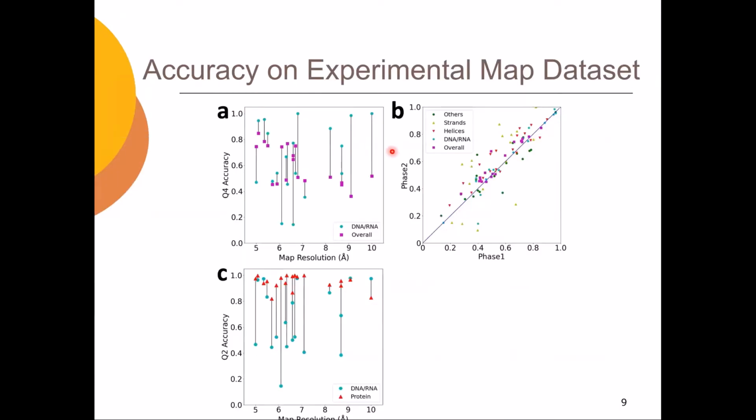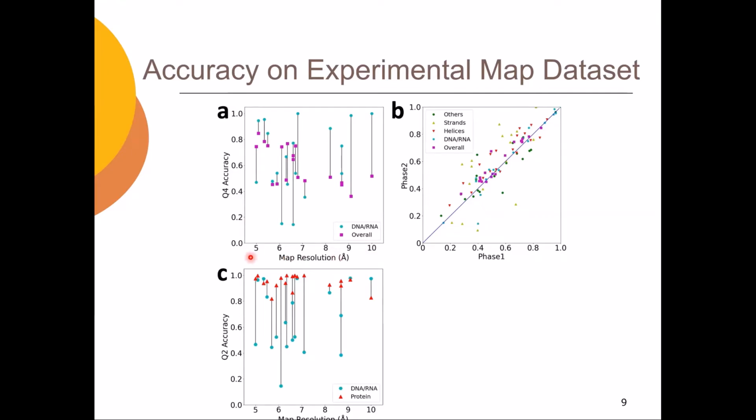This is the result of the benchmark. Here, A shows the overall accuracy of 4-class classification. Classification for a box is alpha helix, beta strand, coil, or DNA/RNA. That is why it is the Q4 accuracy on the y-axis.